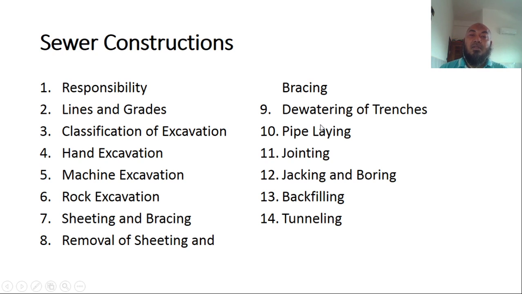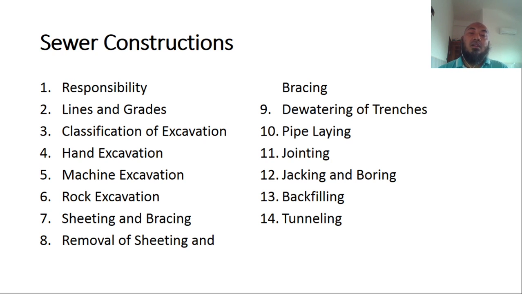And then we have dewatering of trench. Sometimes we encounter water inside the trench. For example, the water table is higher than the invert level of the sewer.